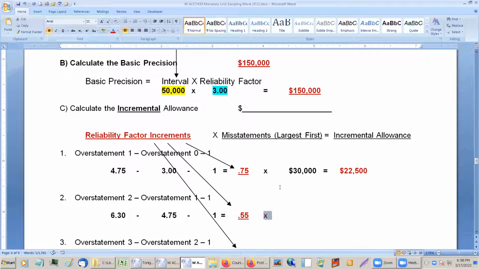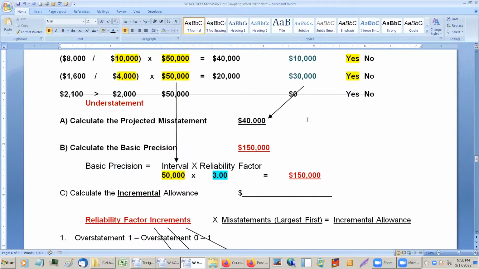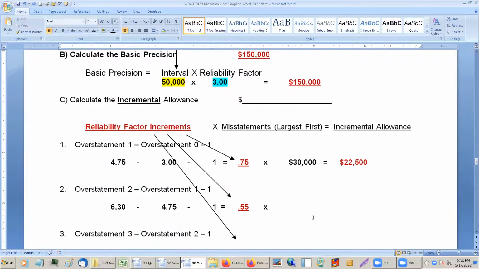We go to the next largest one. And that was 10,000. So 10,000, $0.55 times 10,000 is 5,500.